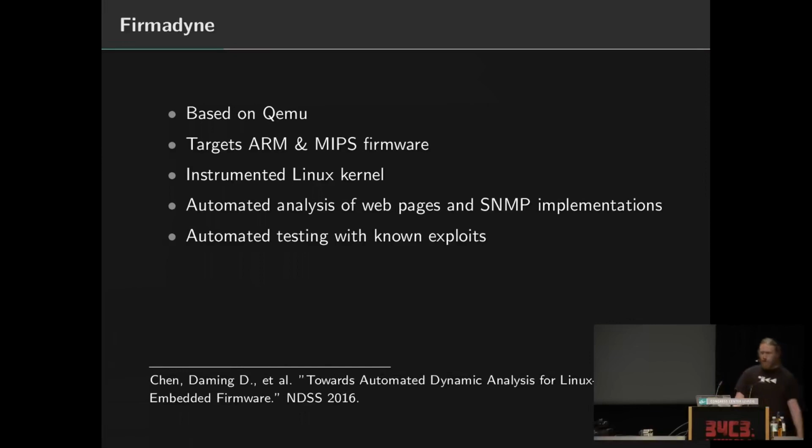Additionally interesting is that this framework has capabilities to automatically throw known exploits, mainly known from Metasploit, against the emulated firmware. And quite interestingly, a lot of exploits found on one device can be propagated to other devices, which basically means that there's also a huge code base shared among different kinds of embedded devices, at least in the Linux-based world.